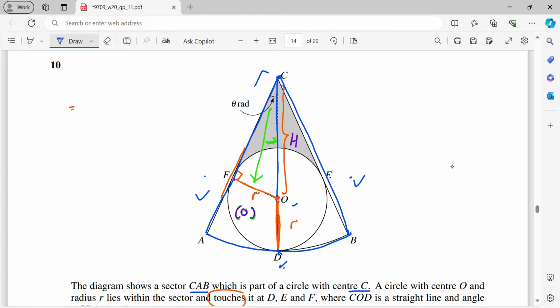So the same goes to this. This is the radius of the big sector.